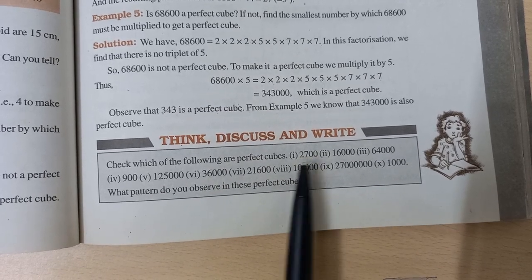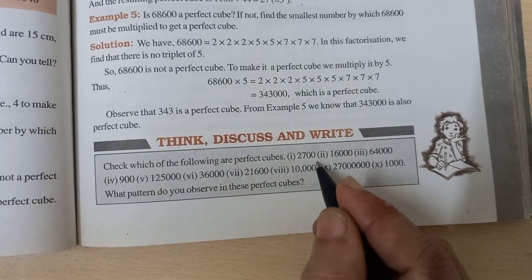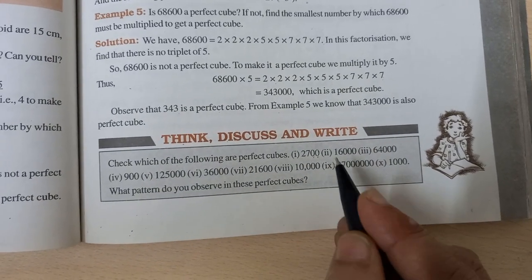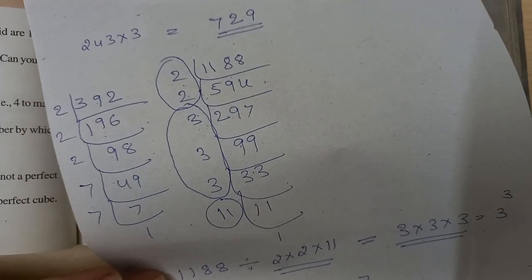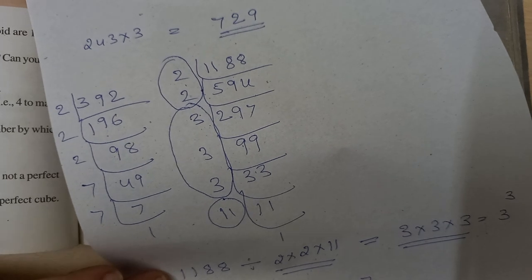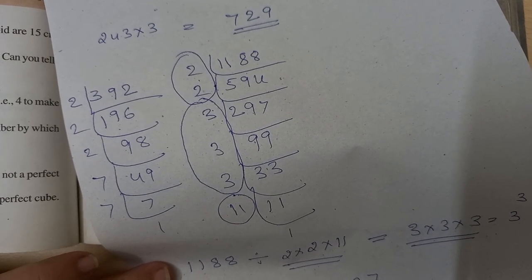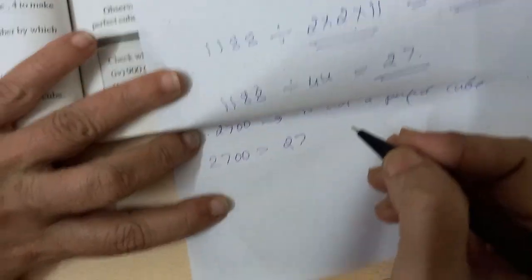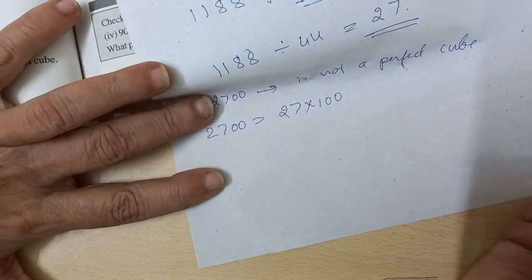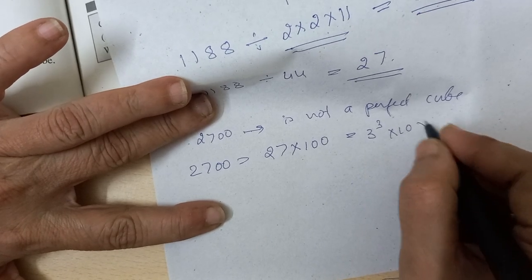What about 2700? By observing it only, we can say no, because there are only 2 zeros. 2700 is not a perfect cube. Why? 2700 is equal to 27 into 100. 27 is 3 cube, into 10 into 10.